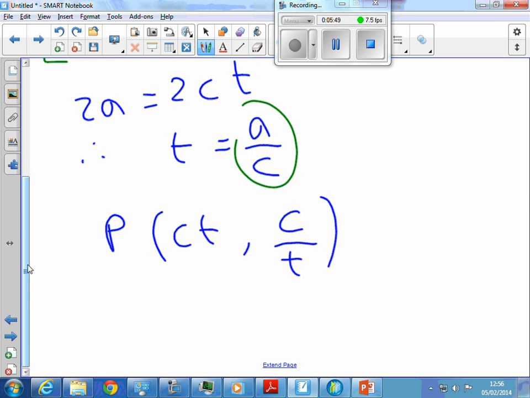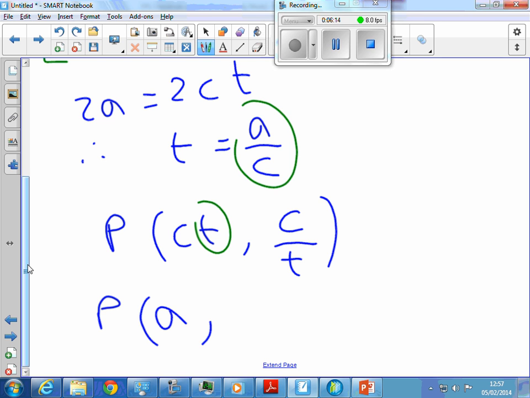So ct is c times a over c, and that gives us a. I don't really need to write that out, do I? c times a over c is just a, comma, c over t.